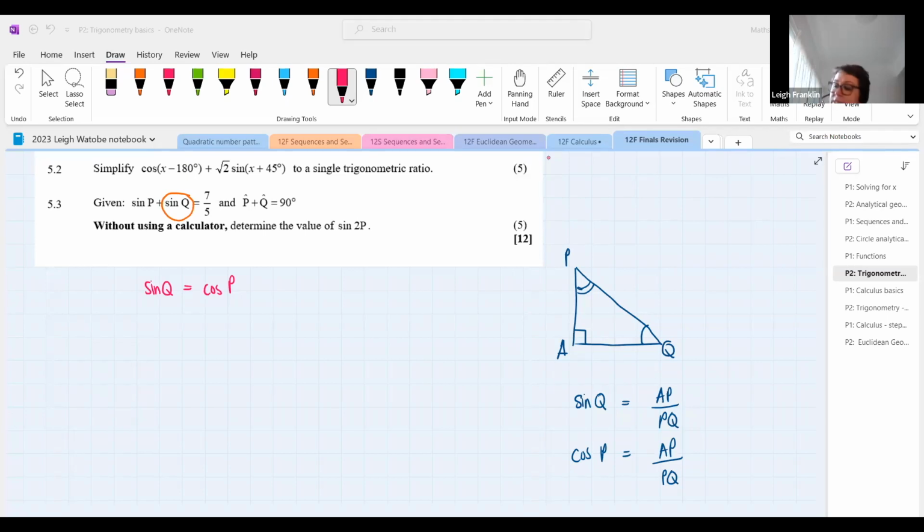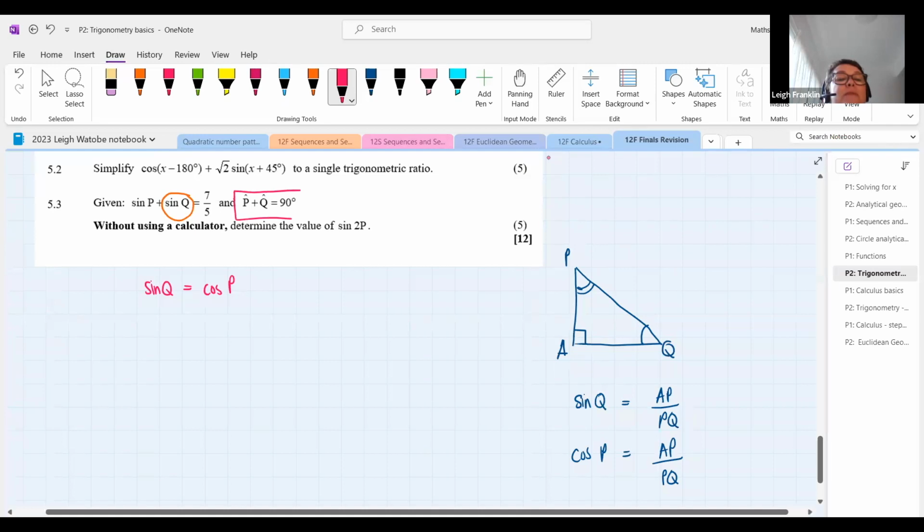So can you see they're never testing you outside of what you actually know? You just need to be able to recognize that that's what the question is asking. And that's why that P plus Q was critical in this case. That was them telling you that these are co-functions. Okay, they add up to 90.